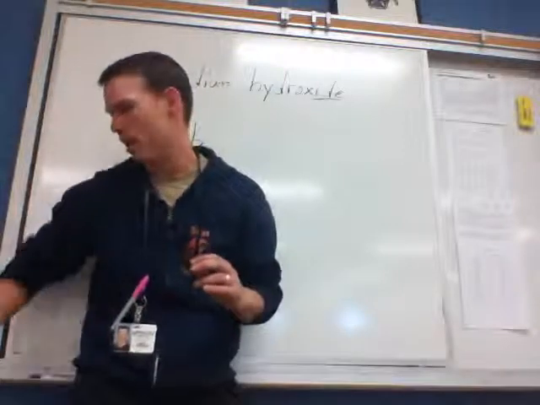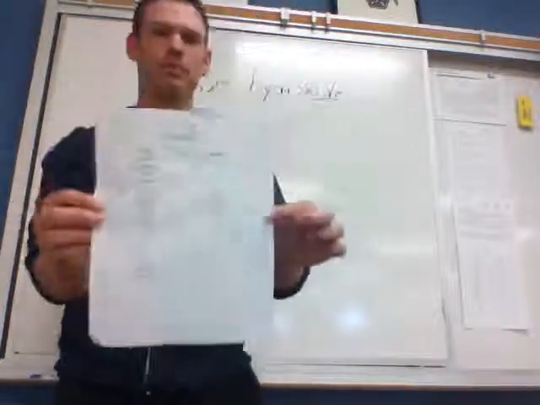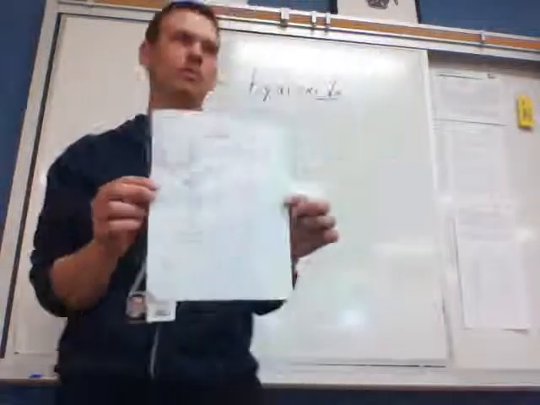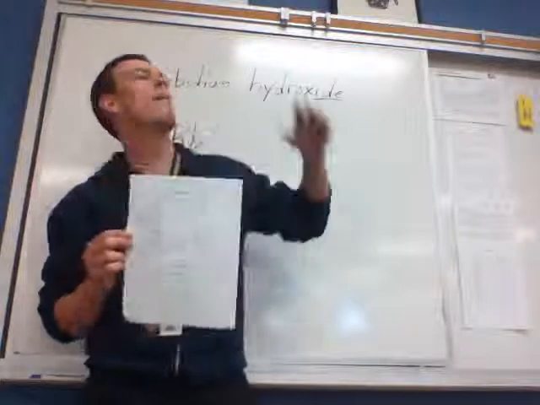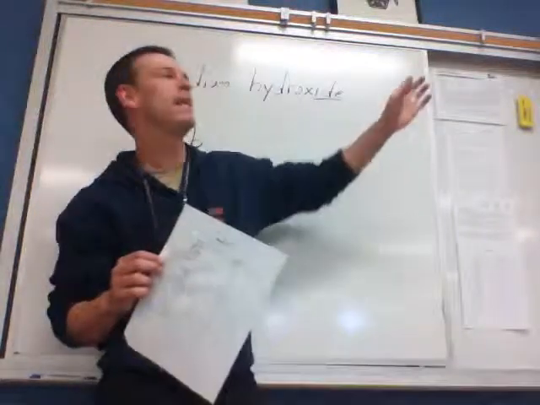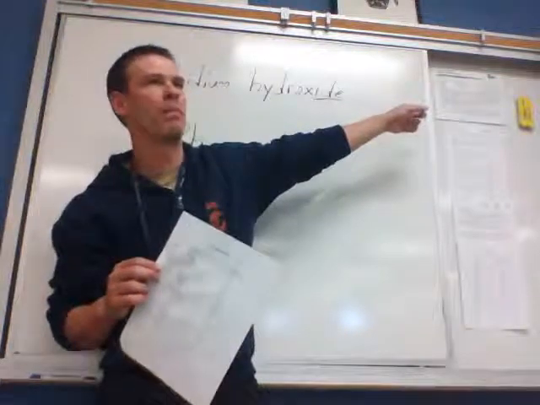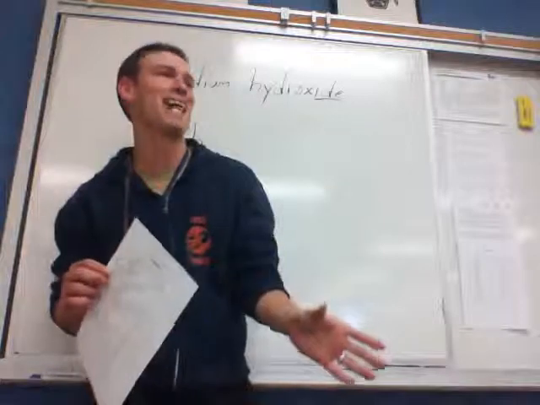Hydroxide is going to be your first introduction to the polyatomic list. Look at your list. Again, almost all the time, IDE means the negative area of the periodic table, except for hydroxide and cyanide.